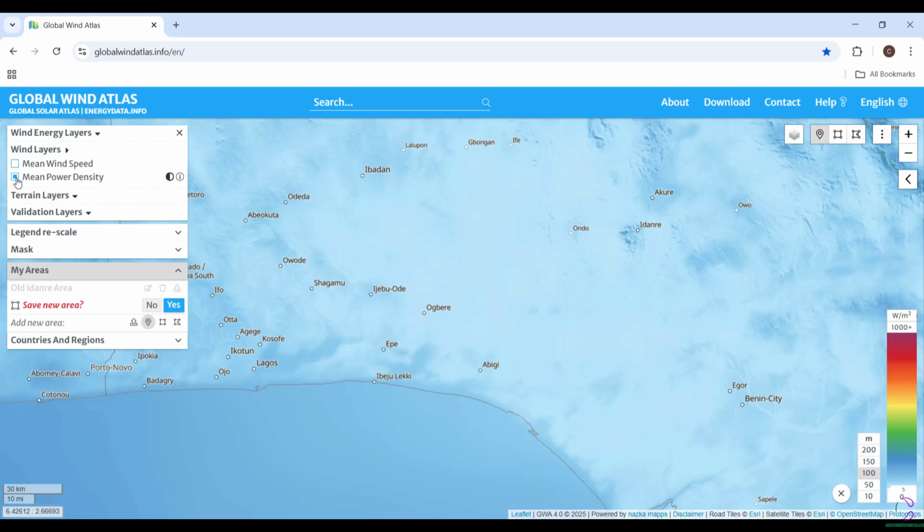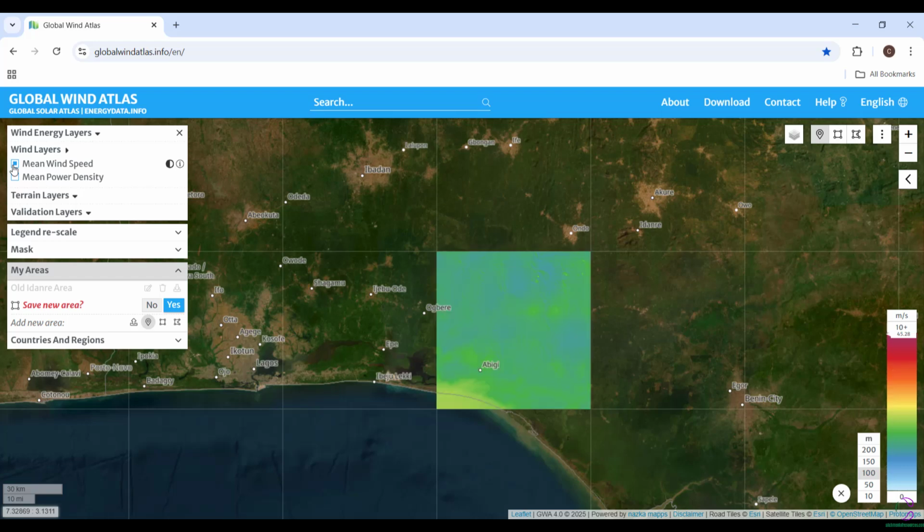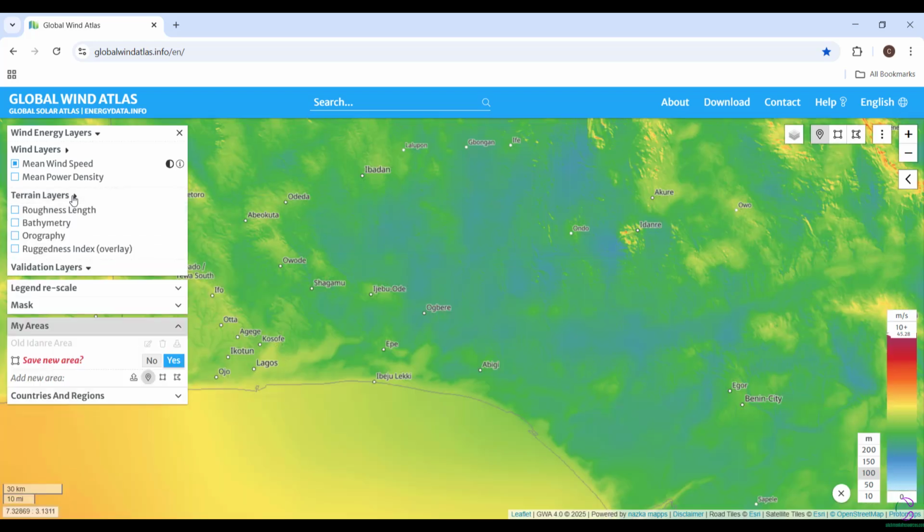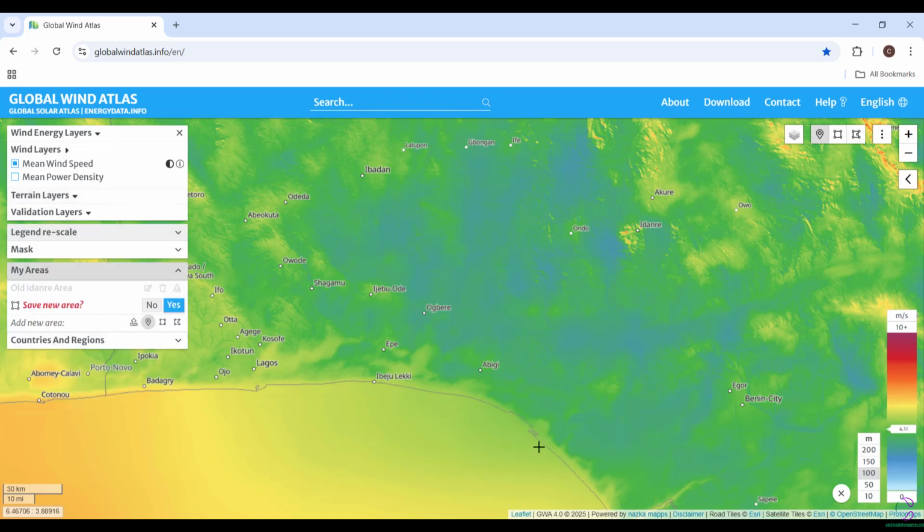So you see how low some of the values are in this heat map. Then terrain layers, roughness lines, bathymetry, orography, and the likes. So you can actually draw markers in some areas.